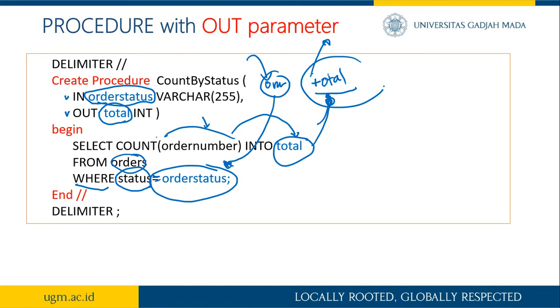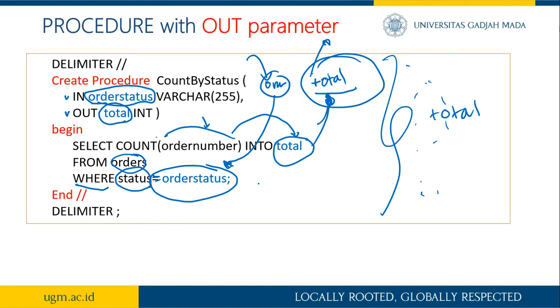So total is like a variable that is floating inside the procedure. Even though we don't use return here, it will float within the procedure, so it will contain the values here.